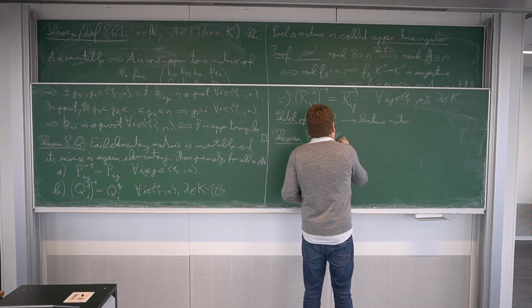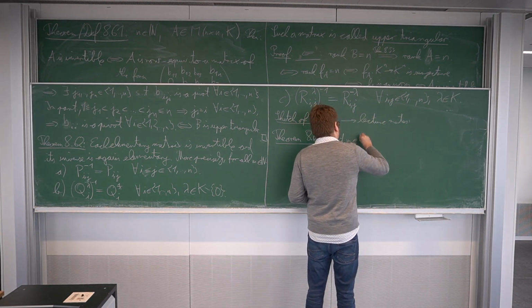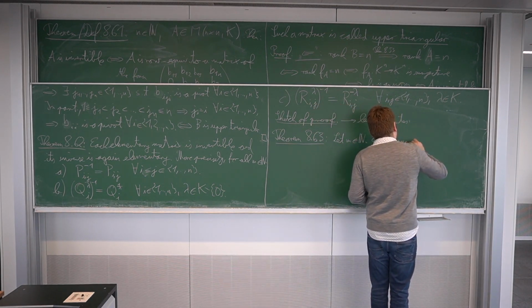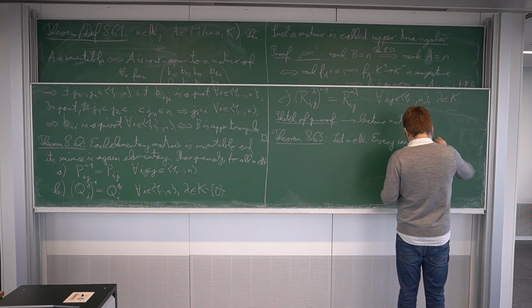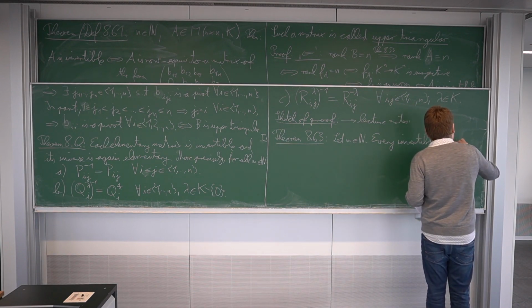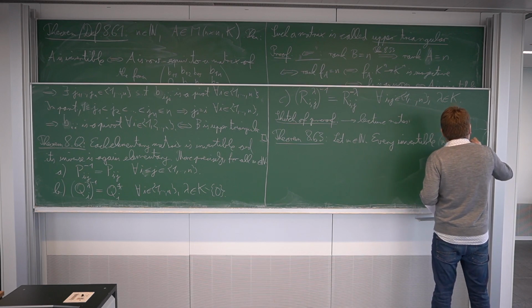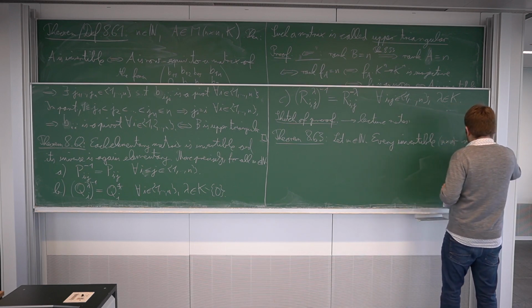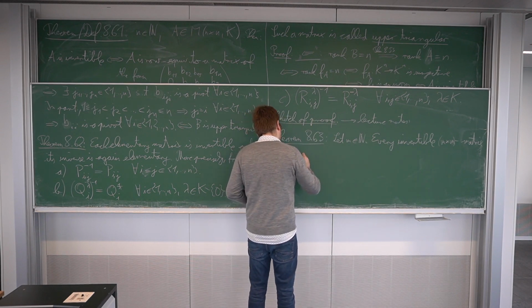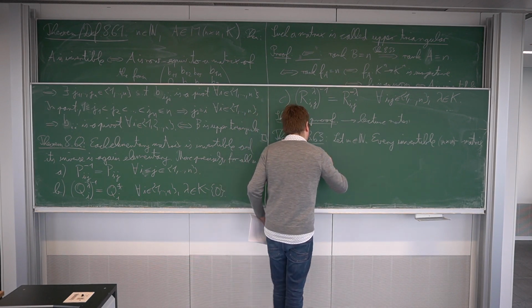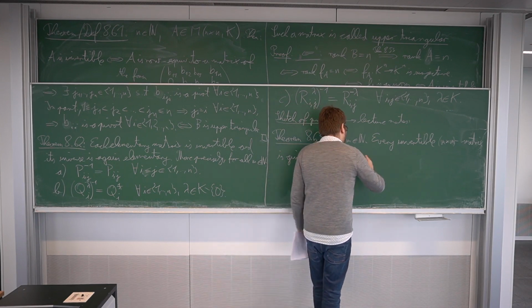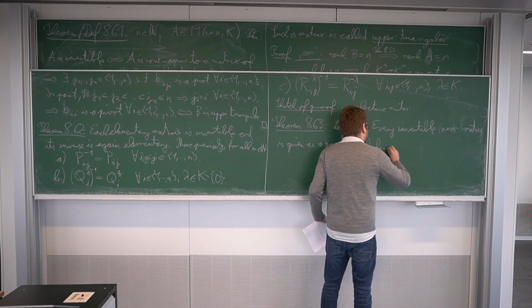Namely, let m and n be natural numbers. Then every invertible m by m matrix is given as a product of finitely many elementary matrices.